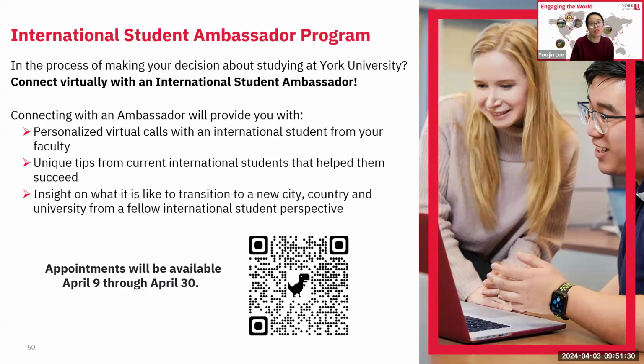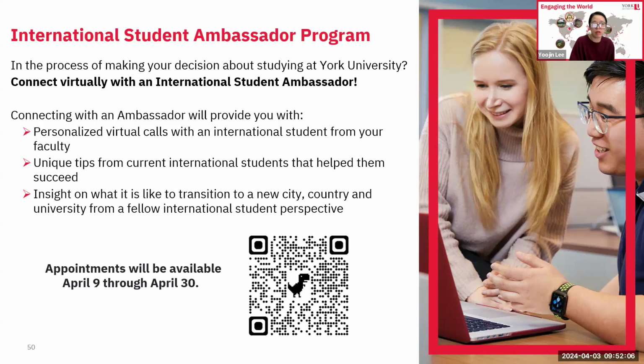And you get the chance to connect with them one-on-one virtually, through Zoom, to take this opportunity to ask questions, to get some of their insight on how they were successfully able to transition and adjust to life in Canada, and also to the academics at York University and the Canadian education system. So please scan the QR code. These appointments will only be available between April 9th through April 30th.